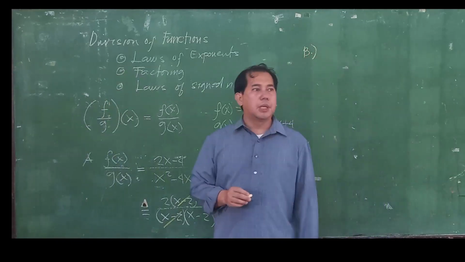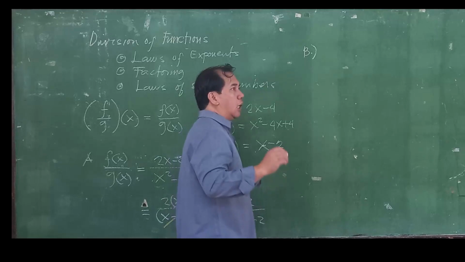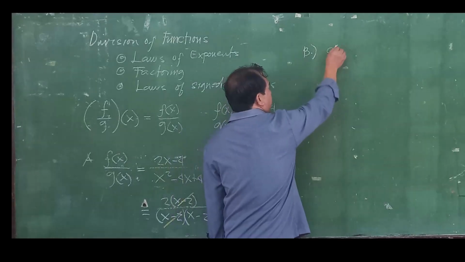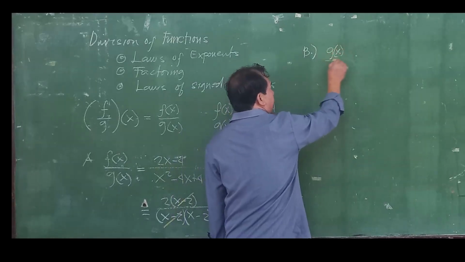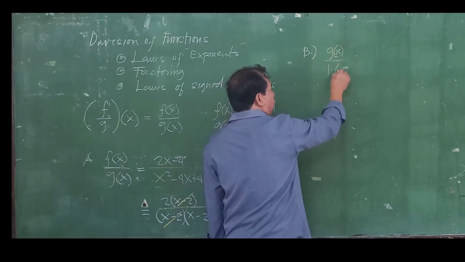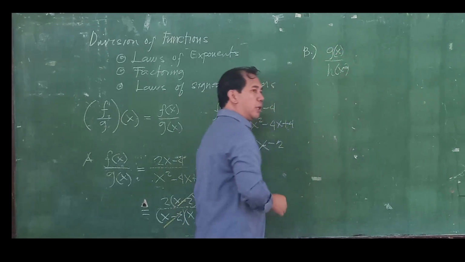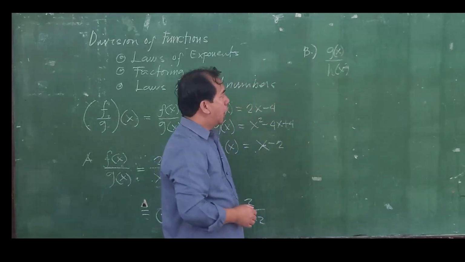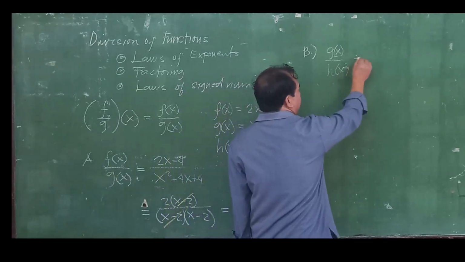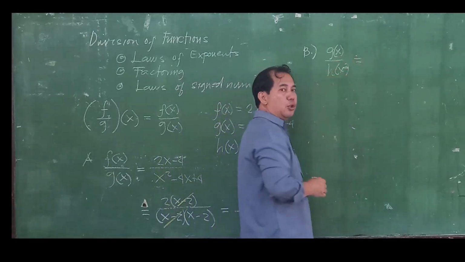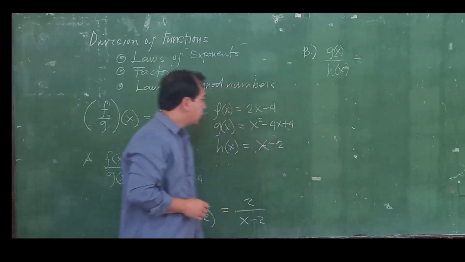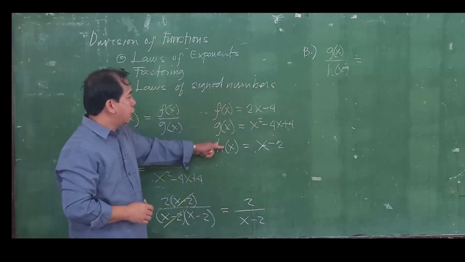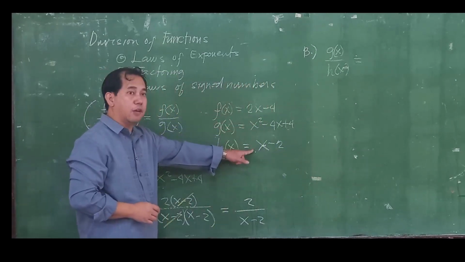Now in letter B, I will be dividing g of x by h of x. What would be the possible answer? Of course, we have to replace them again using their definitions.